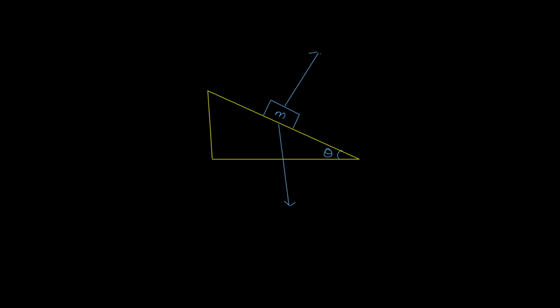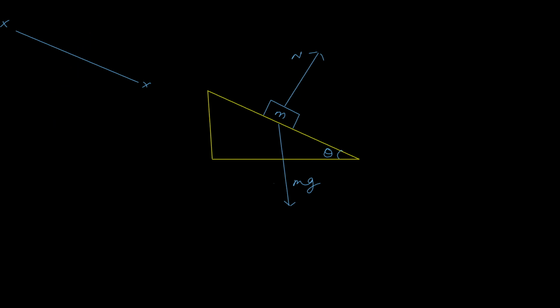That is your normal force. This is your mg. The next thing that you have to do is make xy axes, and the x-axis will be in the direction of this inclined plane. So this will be your x-axis, and perpendicular to the x-axis there will be your y-axis.